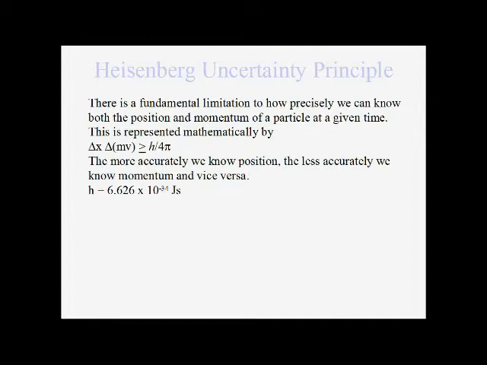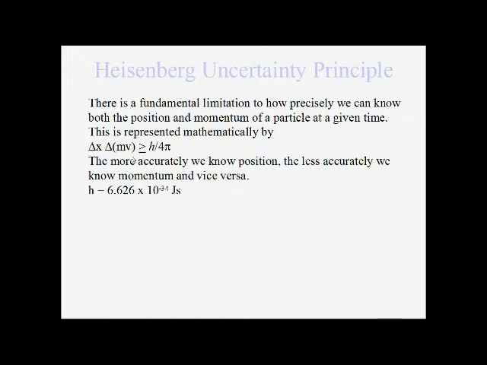There is another strange property to the universe which Heisenberg defined for us, the Heisenberg uncertainty principle. There are pairs of properties that have a limit to how much information we can learn about them. So this particular one is for location and momentum.